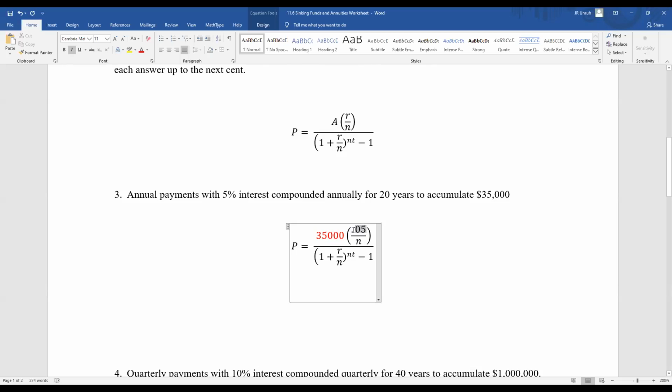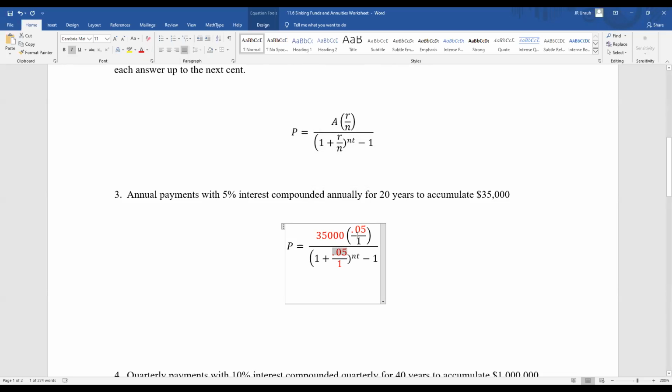And if we are compounded annually, our n simply becomes 1 in this case. And let's go down here and do another 1. And our rate down here is 0.05.